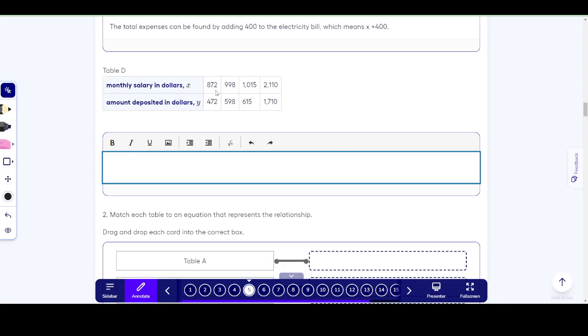Same thing here. Looks like it's about 400. 9 to 5, 400, 400, 400. So it looks like the amount deposited is $400 less than monthly salary. Okay.